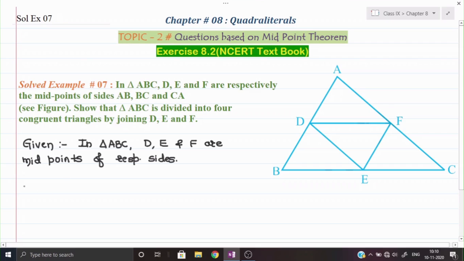Now what we need to prove here, as I told you, is that these four triangles are congruent.